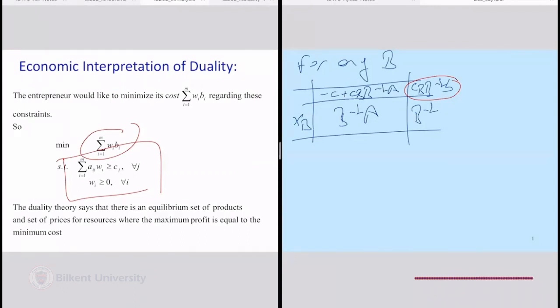So for a primal canonical form max, I actually ended up with a canonical form min dual problem. We defined it for the mathematical representation, and now we actually managed to bring some economical meaning to it.